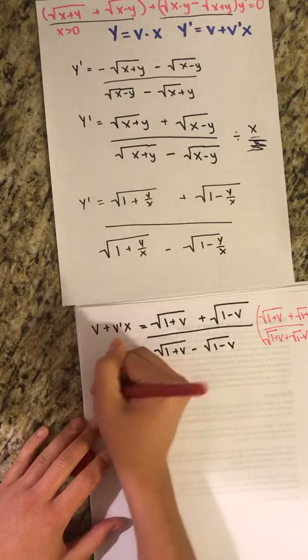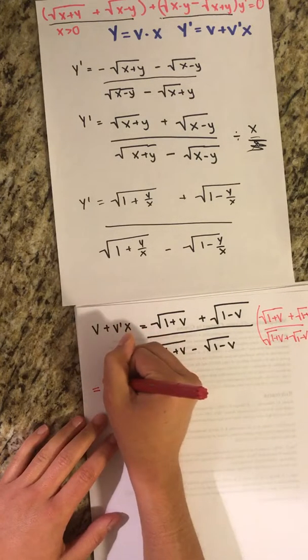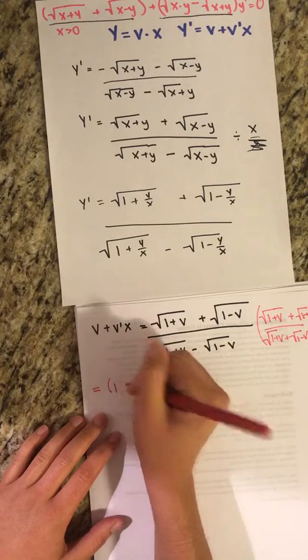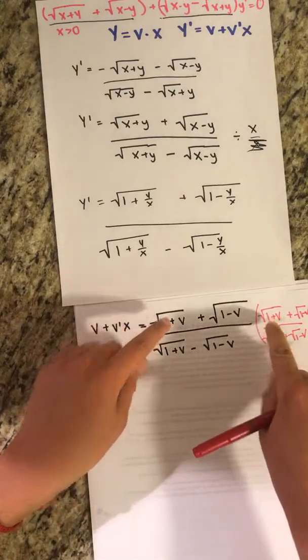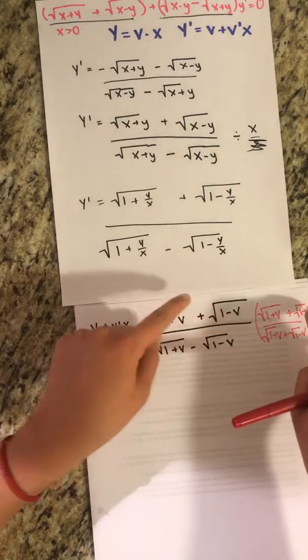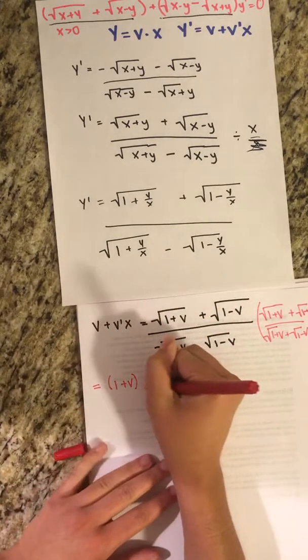And when I do that, I have 1 plus v. I'm gonna FOIL, so first, outer, inner, and last.